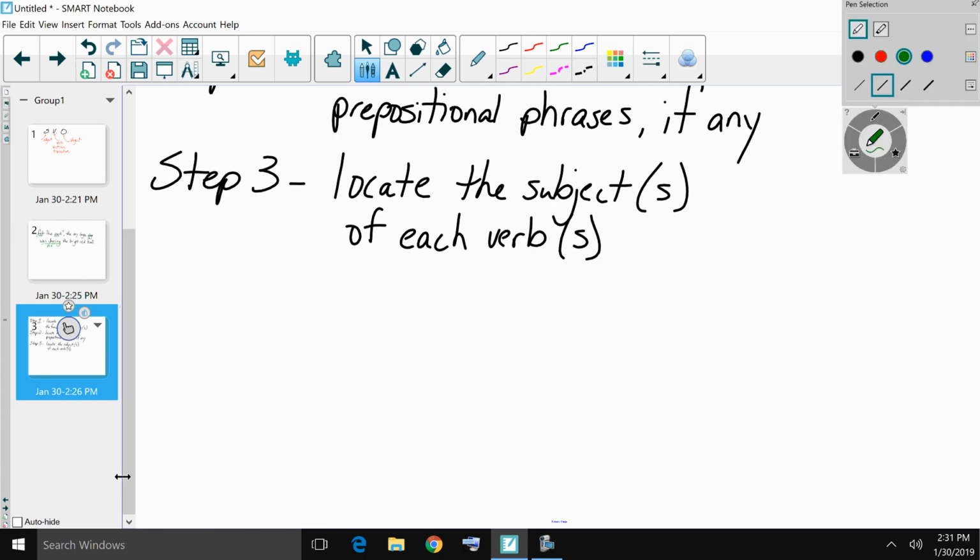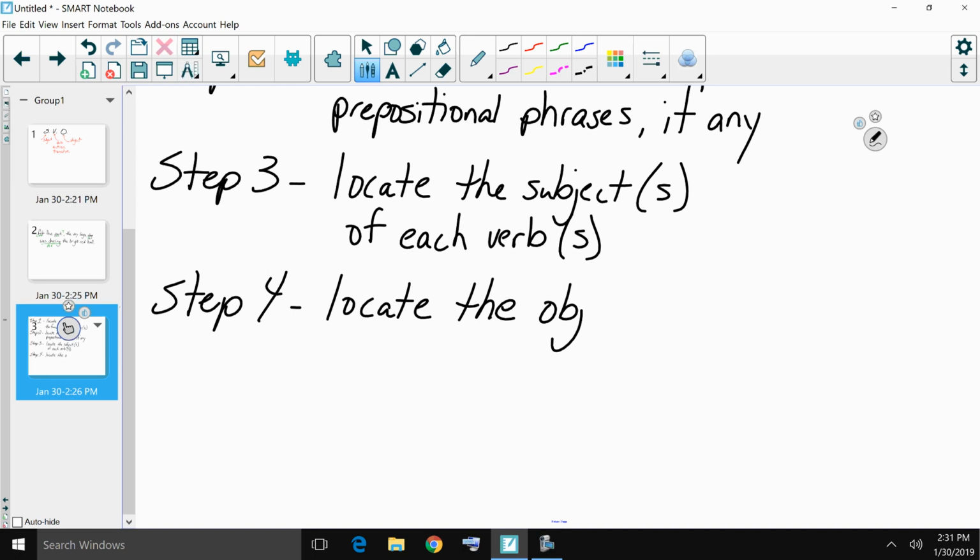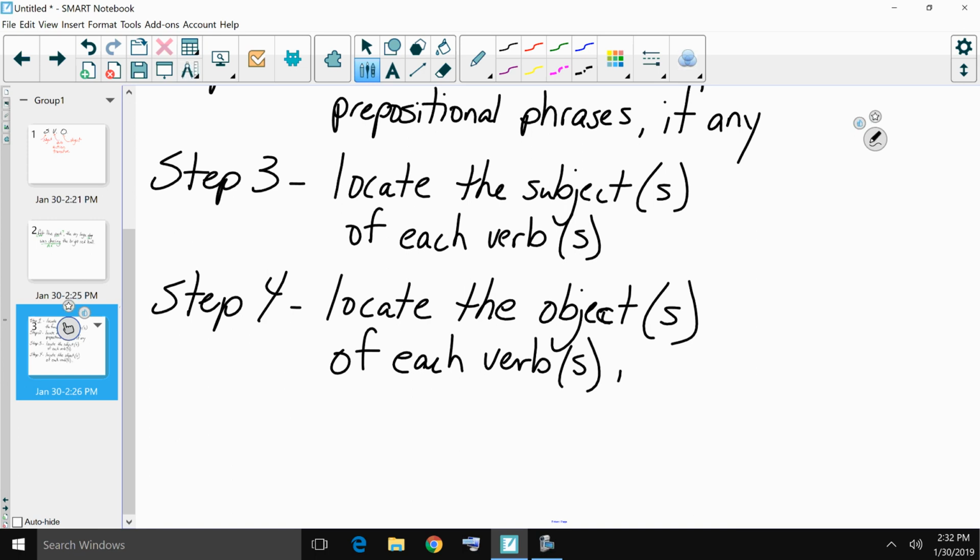Okay, so once you find the subject, step 4. Locate the object(s). And again, S in parentheses, because there can be more than one, but there doesn't have to be, of each verb, if any, because as we well know, does there have to be an object for a verb?